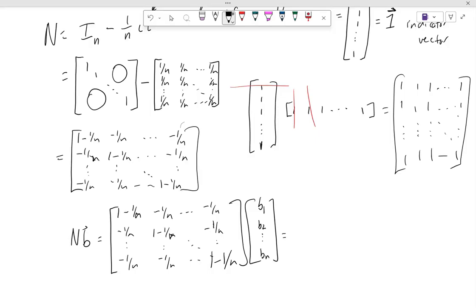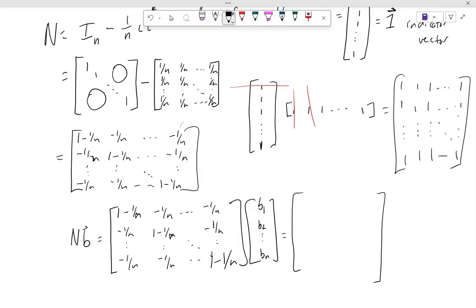All right, so let's just look at the individual entries here. I'll write it out longhand to start with. I've got an n by n matrix times an n by 1 vector, so I should end up with an n by 1 vector. But let's see what we get.